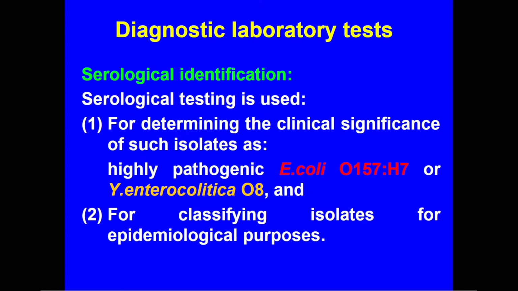So this is the recommendation for identification of E. coli, to use polymerase chain reaction to demonstrate the presence or absence of the genes of pathogenicity.